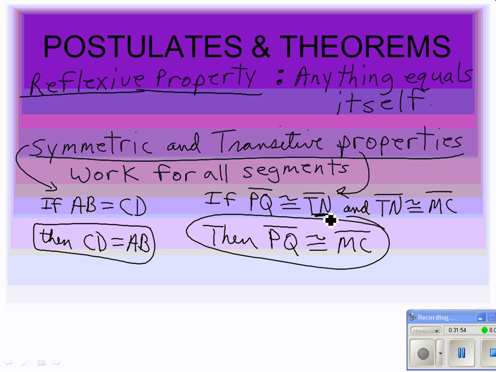You see the TN here? It has to be the first thing over there. It has to go in that order, so it sort of matches up. Like you could just shove them together. Maybe that's a good thing. I could just take these two statements, shove them together until the TNs disappear, and you're left with PQ is congruent to MC.